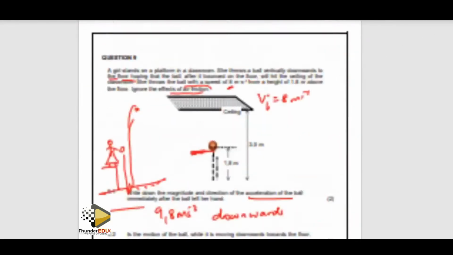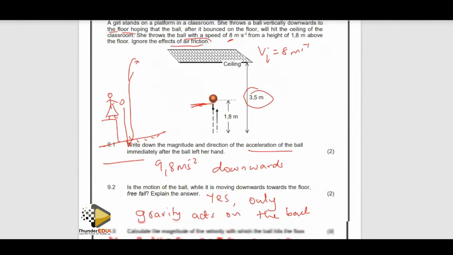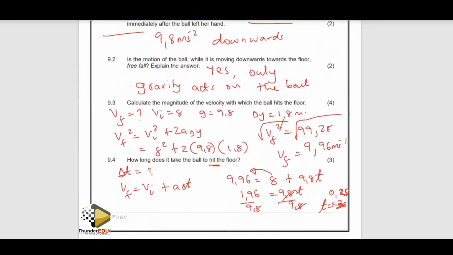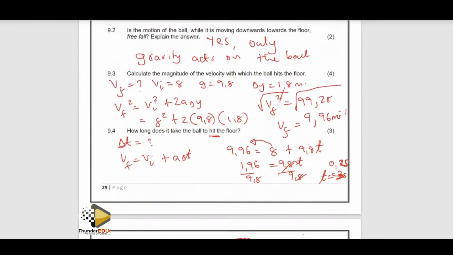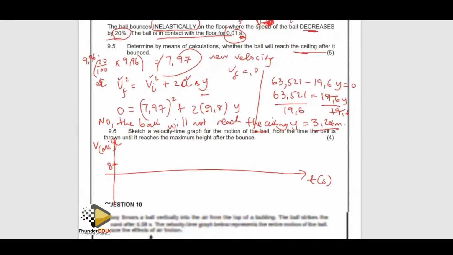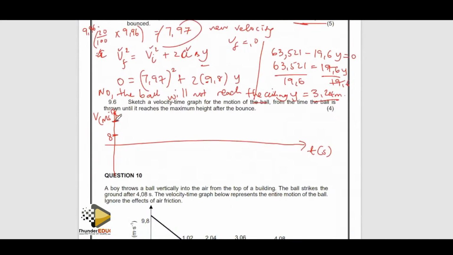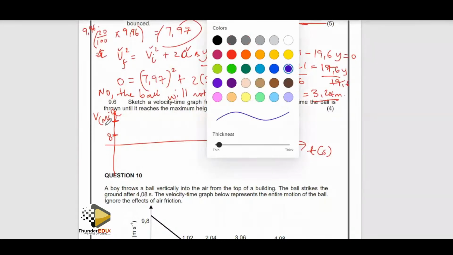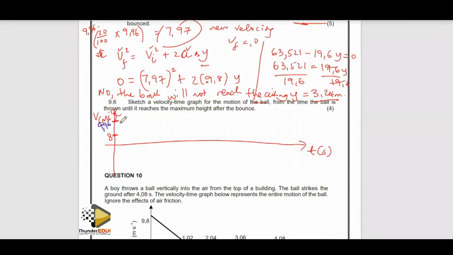We worked out our final and we got 9.96. Use a different color. Okay, so this is 9.96. Sorry if my rounding off was poor.